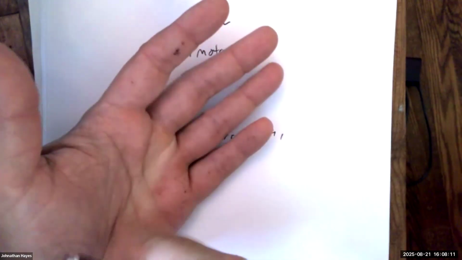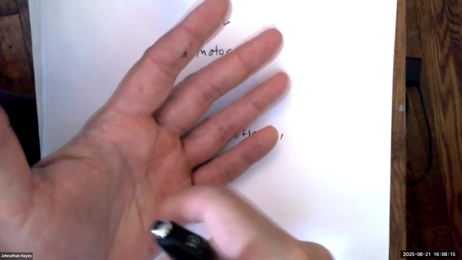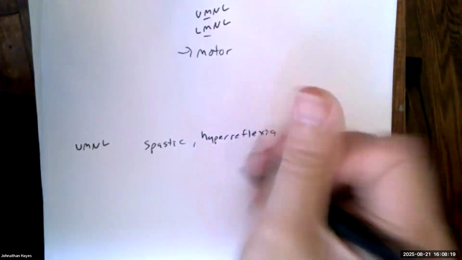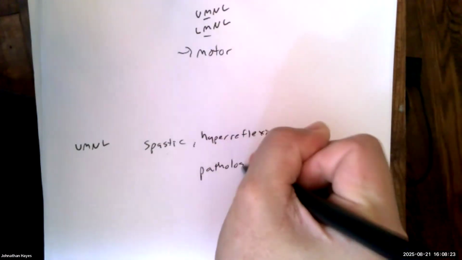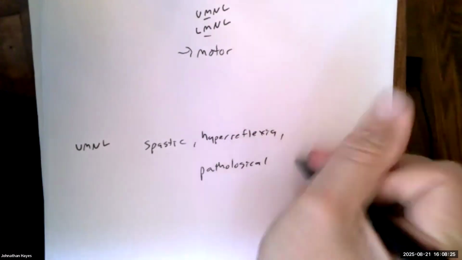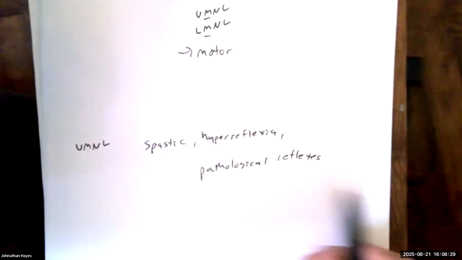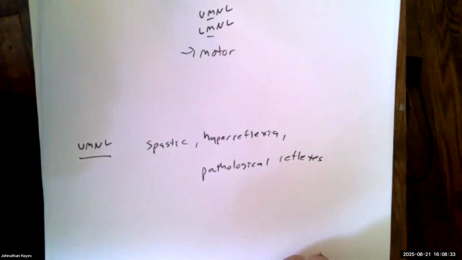Or if you stroke the bottom of the foot real hard with a sharp object, their toes flail. That's called a Babinski response, right? So Babinski is an example of a pathological reflex. So if you have presence of pathological reflexes, spasticity, and hyperreflexia when you're doing deep tendon reflexes, those are all good indicators that this person has an upper motor neuron lesion.